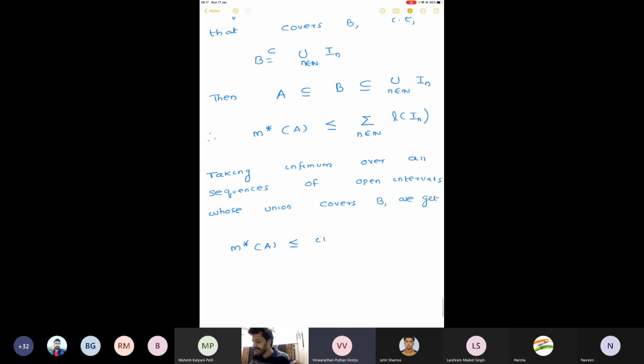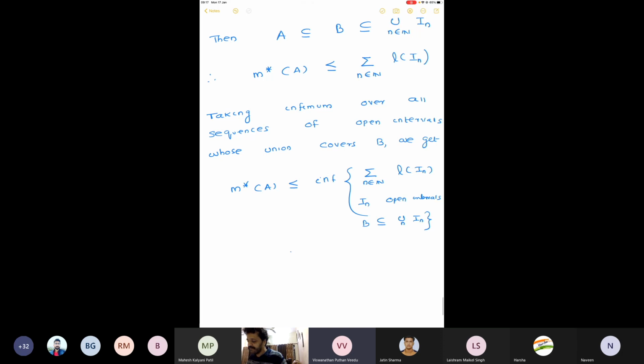is less than or equal to the infimum of the summation over n belonging to N of L of I_n, I_n's open intervals, and B is contained in the union of I_n.